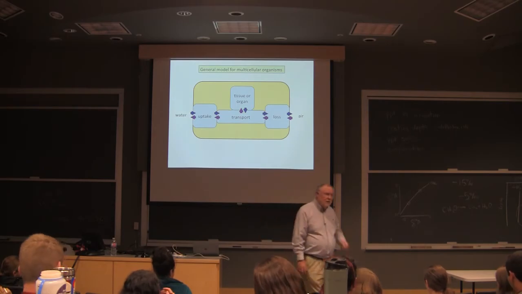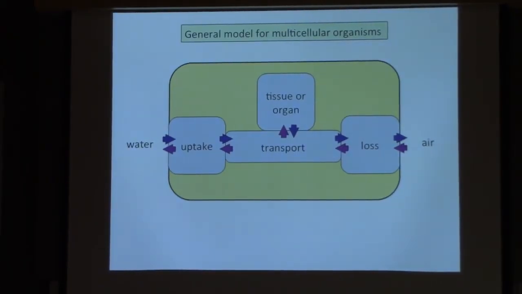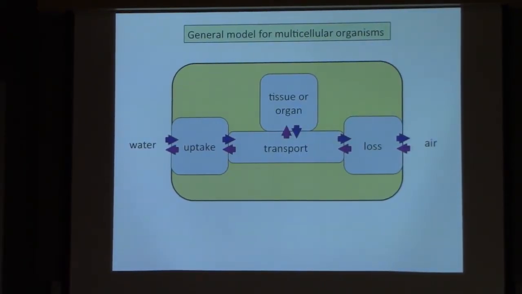And I present this conceptually and tell you that this model can be applied to every living organism on this planet. So we have water, which is taken up. We have water, which is transported from its region of uptake to other parts.